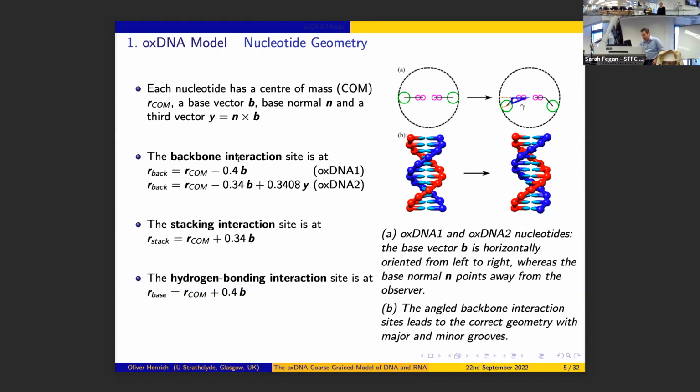So this is the basic layout of a nucleotide, and what you have then in your code is the center of mass, and then you need to work out where each interaction site actually is. So you take distances, for example, the backbone interaction with respect to these backbone interaction sites on the nucleotides. This is how you do it.